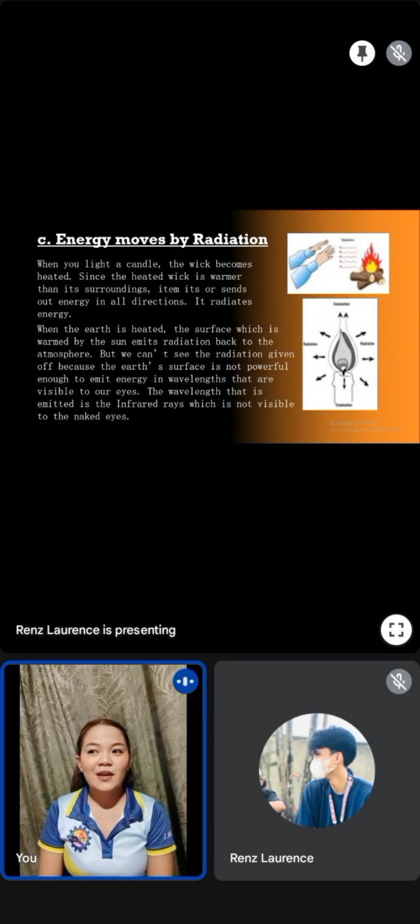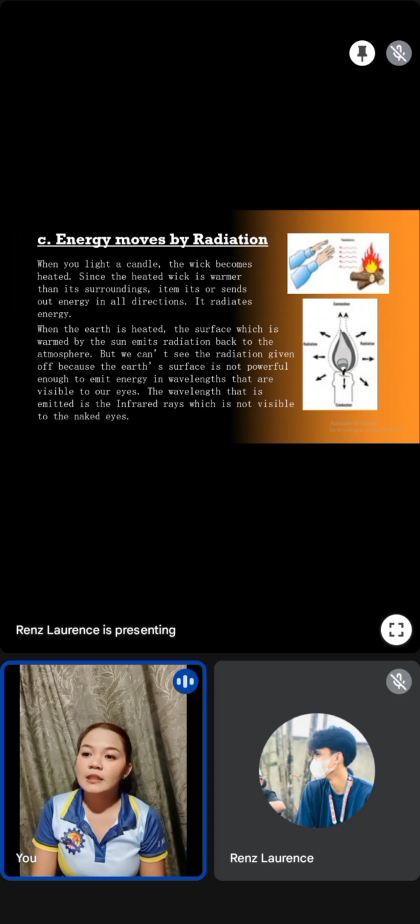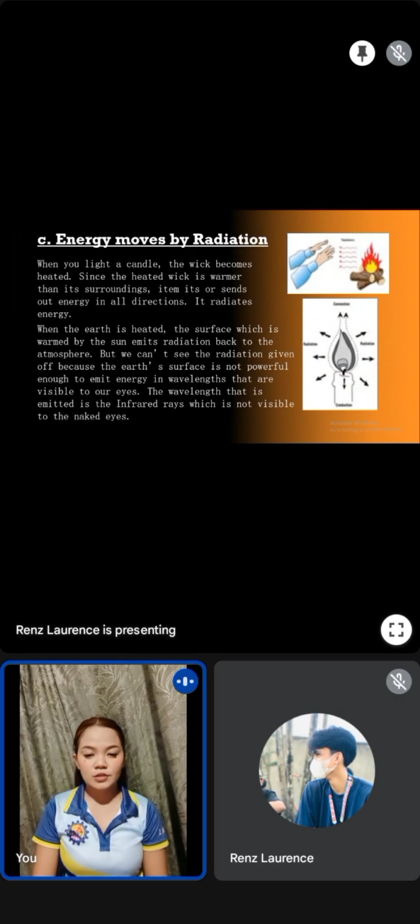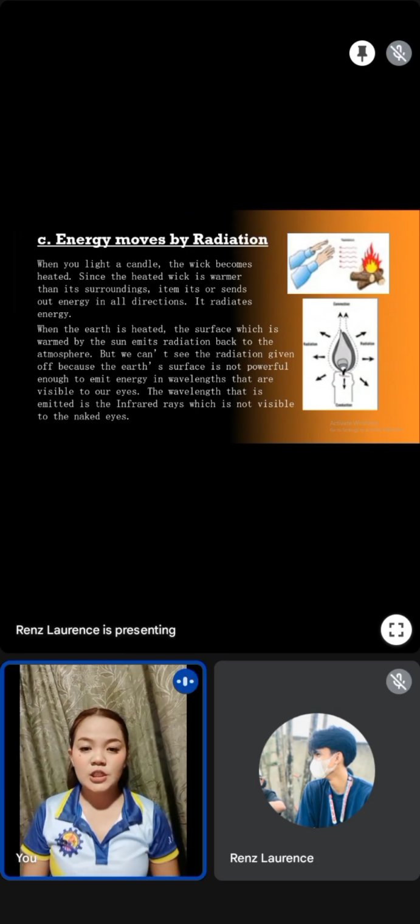Ironically, we can't touch the sun. We can't feel it directly, but because of the radiation, we can feel the heat of the sun. So that is radiation.